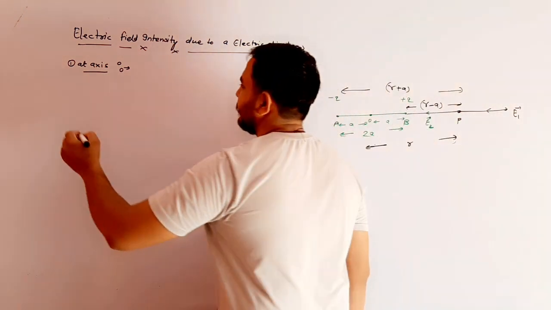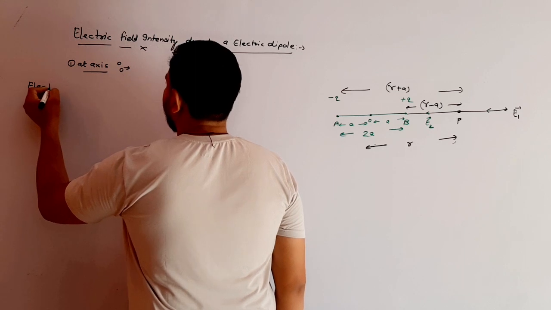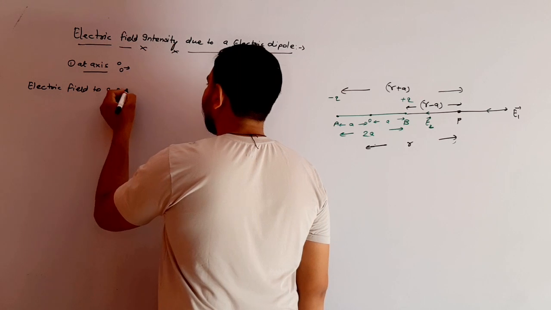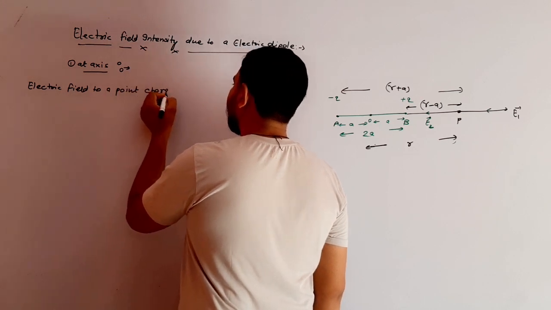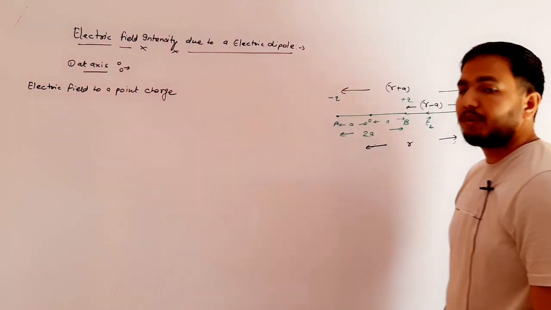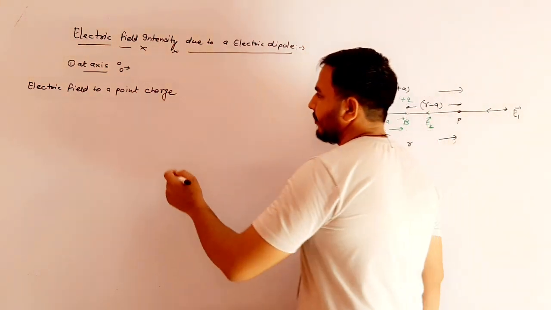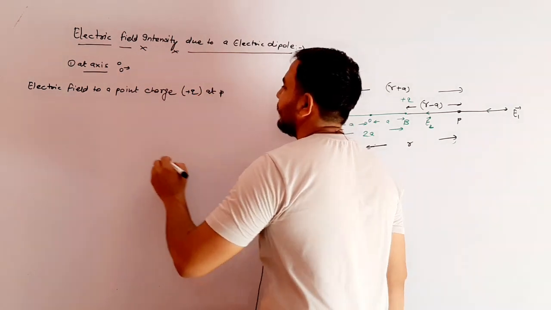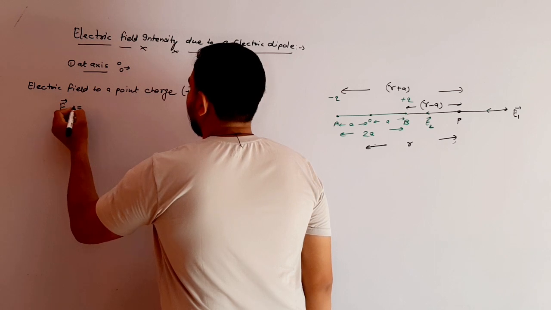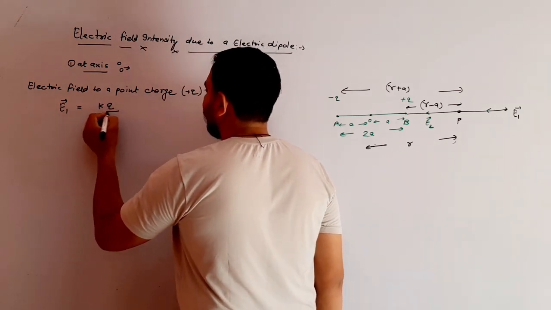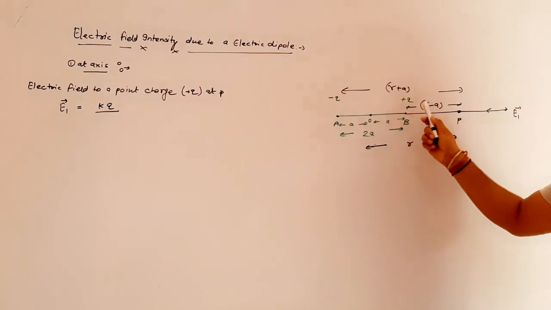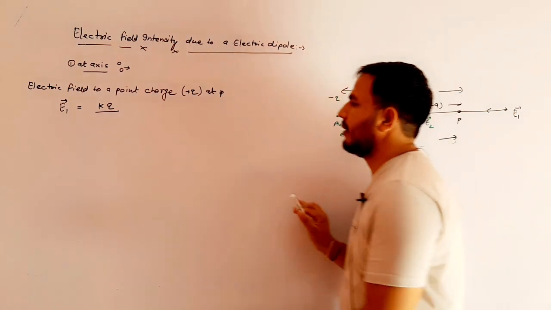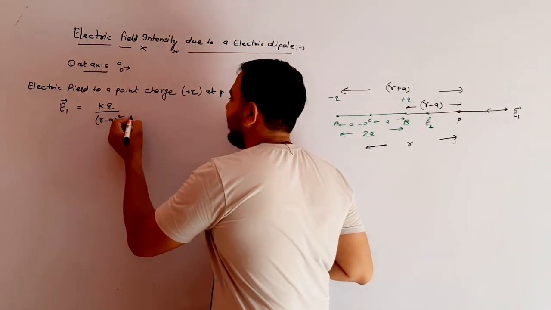So, electric field due to a point charge +q at P, E1 is equal to kq upon the distance between them, r minus a, whole square.